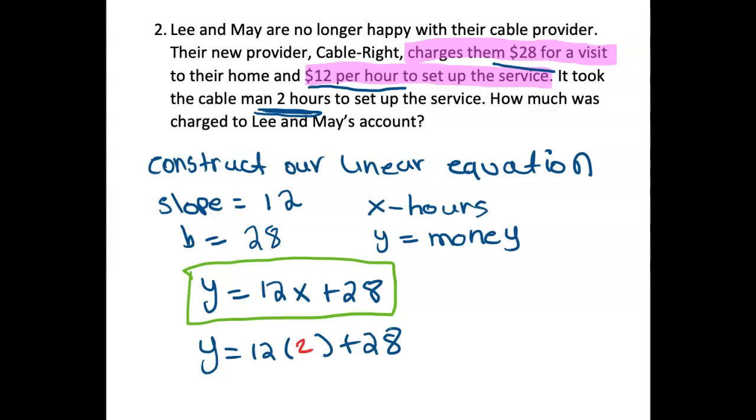So that gives me 52. Oops, ignore that. y equals $52 they had to pay.